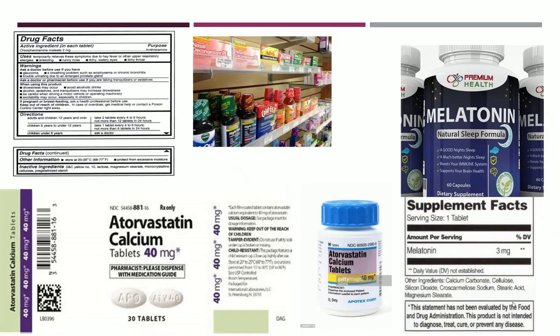So here are some examples of labeling of products. On the very right there, you can see is a dietary supplement. You can look at it and see that's a melatonin. It says natural sleep formulation. That is really not regulated as a drug where it has to be approved in advance. You can see at the very bottom it says this statement has not been evaluated by the FDA.